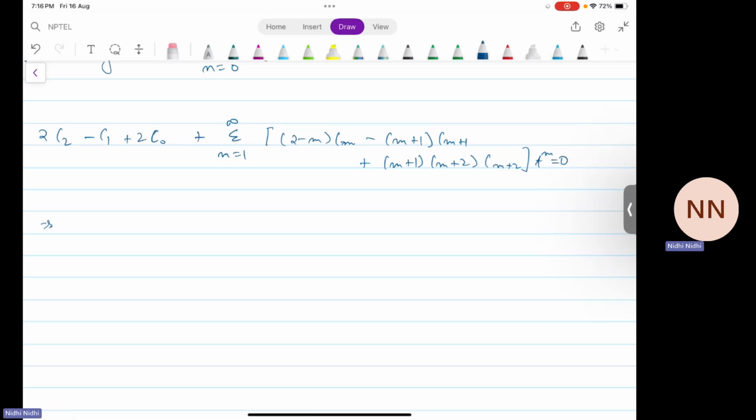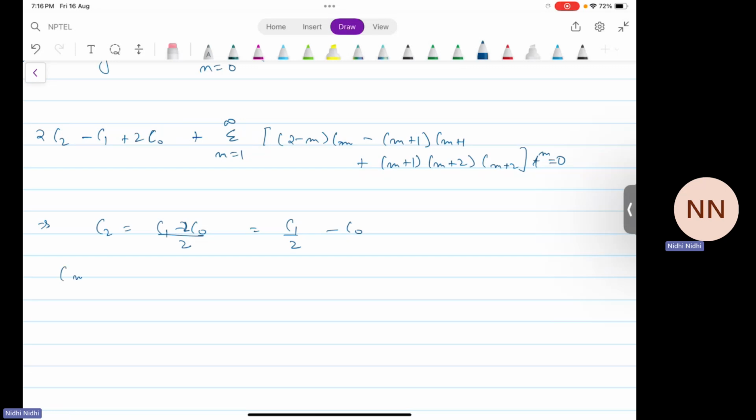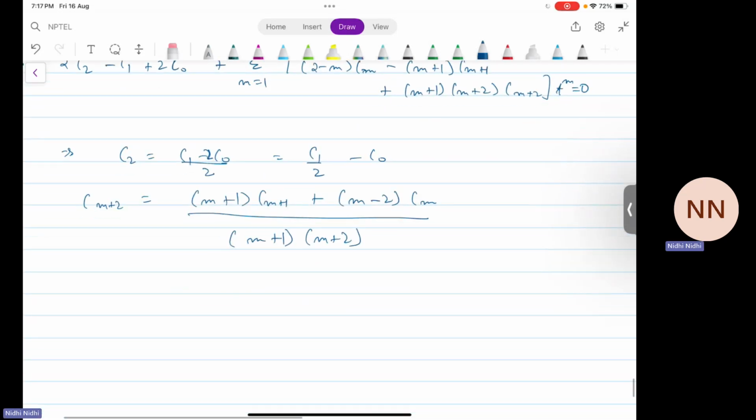Which implies c2 equals (c1 minus 2c0) by 2, which is c1 by 2 minus c0. Further, we have c_(m+2) is equal to ((m plus 1) c_(m+1) plus (m minus 2) c_m) by (m plus 1)(m plus 2) for every m greater than or equal to 1.